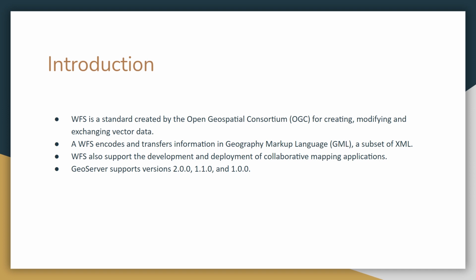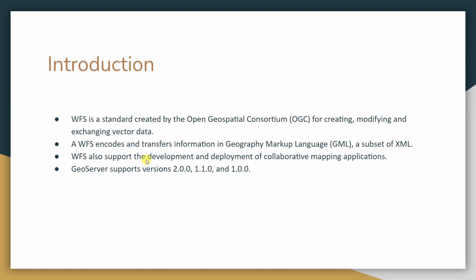What WFS will do is it will encode our request into the GML, and then it provides the XML like document, and then it will give us back the data in required format, so that we can visualize it in the web-GIS applications.